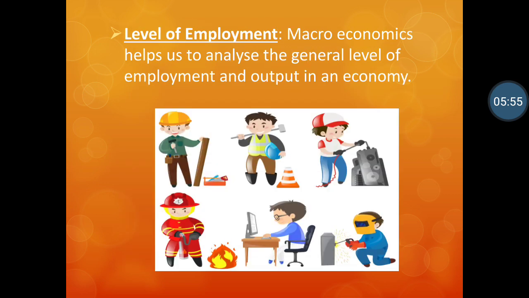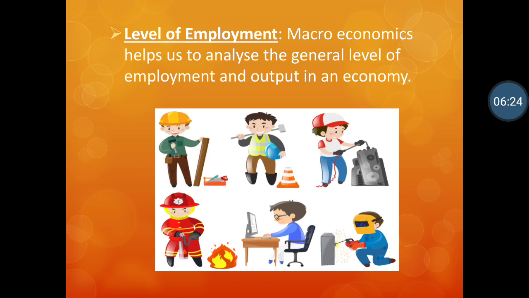The next point is level of employment. Macroeconomics helps us to analyze the general level of employment and output in an economy. Now, when we say level of employment, that is how much is the employment level in the country. More people are employed, more income will be generated. We have just now seen in point of national income that it is value of all goods and services produced in the country.